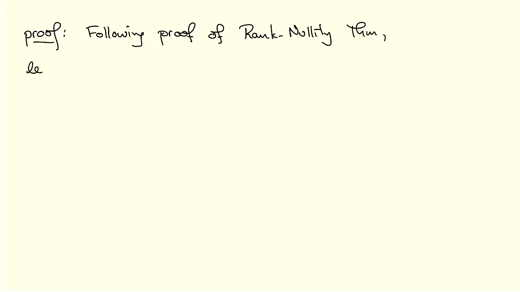So following the proof of rank nullity theorem, let V1 up to Vk be a basis of the kernel. And remember, in the proof, we then took a complementary subspace to the kernel. So I'll make a basis that extends that.